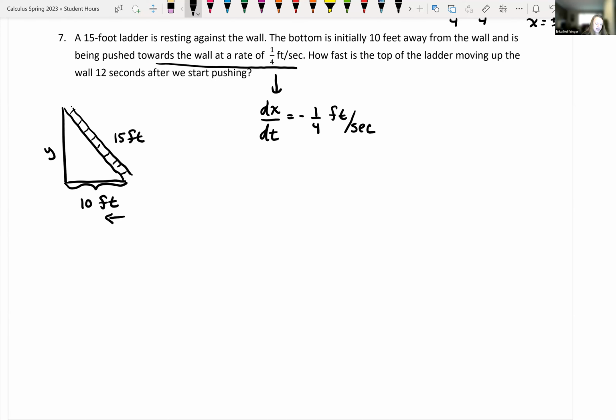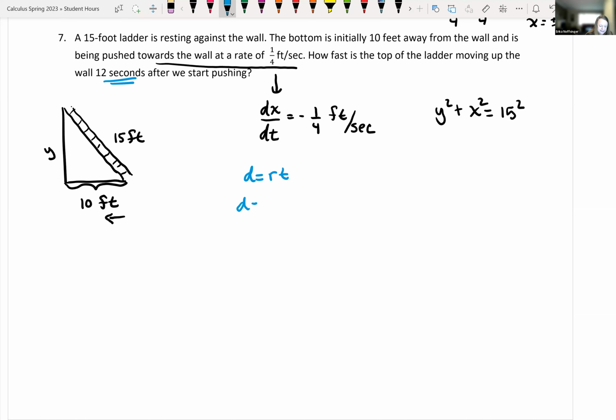I can use my Pythagorean theorem. I know that y squared plus x squared is equal to the hypotenuse, which always stays the same, 15 squared. Let's look at what x is 12 seconds after we start pushing. Well, let's see that distance that we pushed it. We know that distance is equal to rate times time.